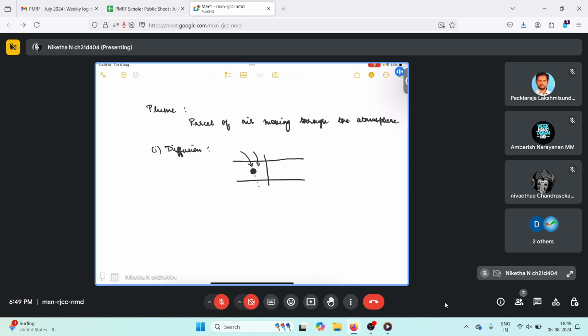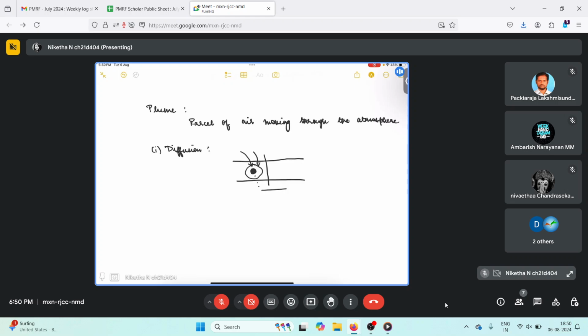So why does this happen? The concentration of the pollutant is going to reduce as we move away from the circle, and this will give rise to a gradient.